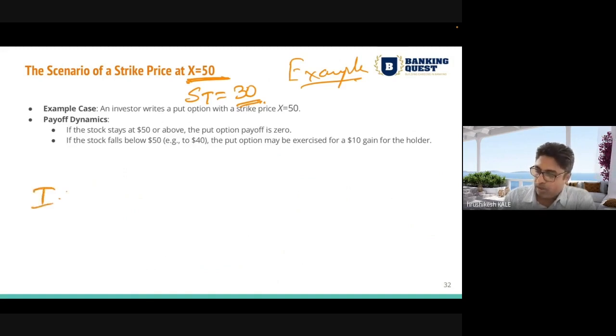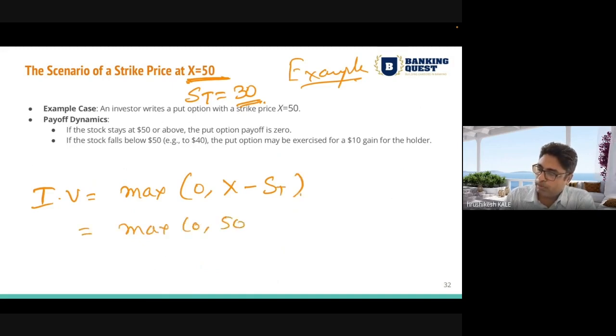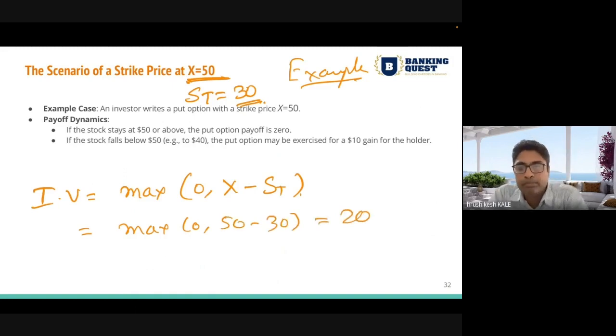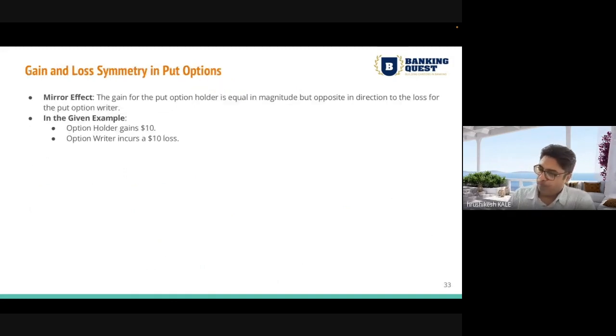So intrinsic value is equal to max of 0 comma X minus ST, which is equal to max of 0 comma, just put the things, 50 minus 30, and the answer comes out to be 20. And that's how you can calculate intrinsic value. Any question here?